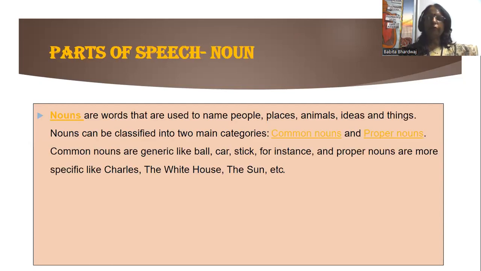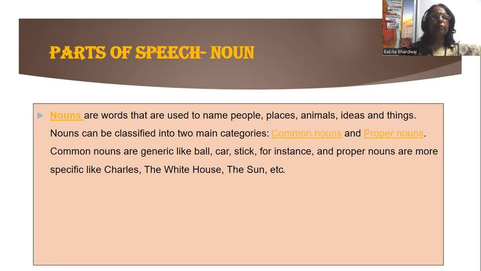I hope all of you are familiar with nouns, and I'm not spending much time on the descriptive parts of speech. For this, you can refer to any grammar book and go into the details of the content. You can just go through the theoretical aspect of grammar, then only it will help you to understand how you are going to attempt the correct answers.